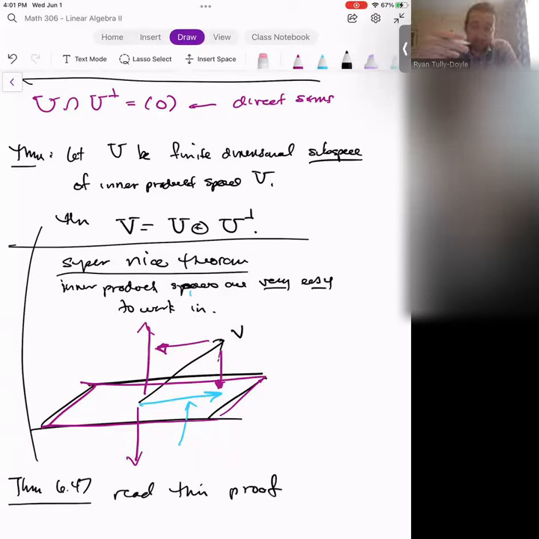So if you have questions about the individual lines, make sure you come with those questions. The hard part is not showing that the intersection is trivial. It's actually showing that the sum covers the entire vector space. And that's it. Any questions about anything?